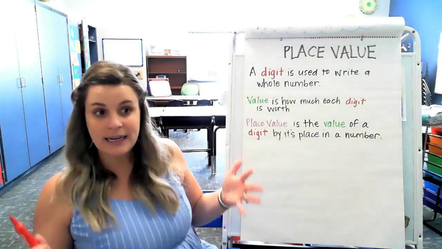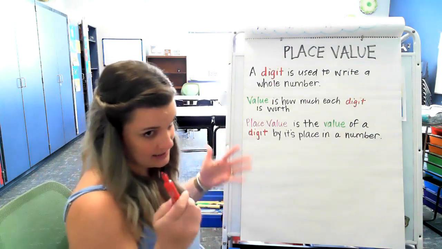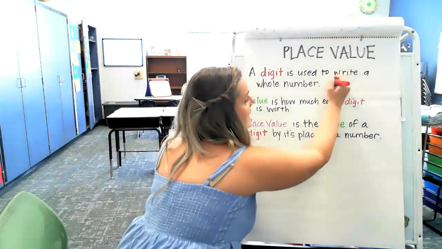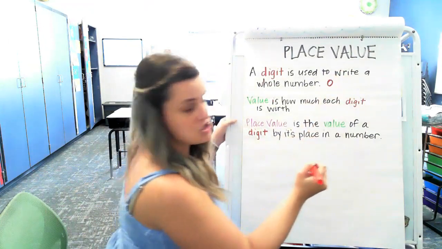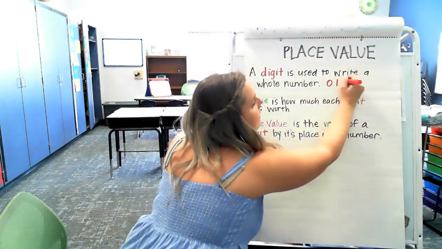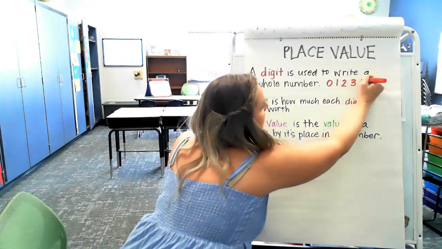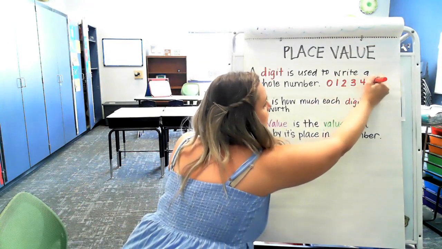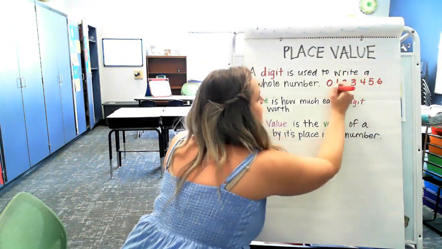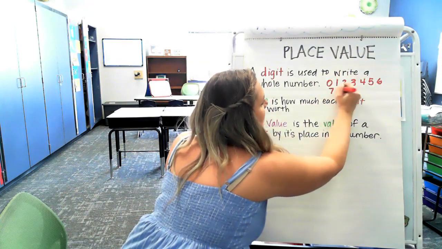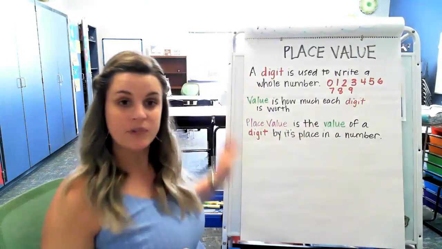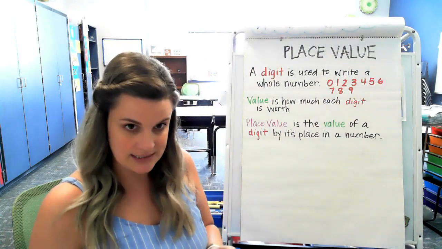And there's only 10 digits. Let me show you what they are. 0 is a digit. 1, 2, 3, 4, 5, 6, 7, 8, and 9. Those are all digits.